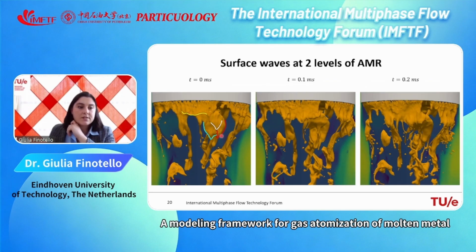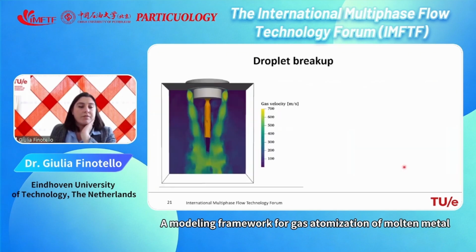At longer times, these interfaces are stretched even more, ligaments are formed and stretch more, and droplets are then formed from the stretching of these ligaments. So we have ligament formation and droplet breakup.